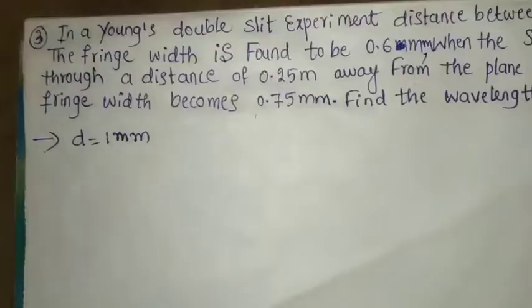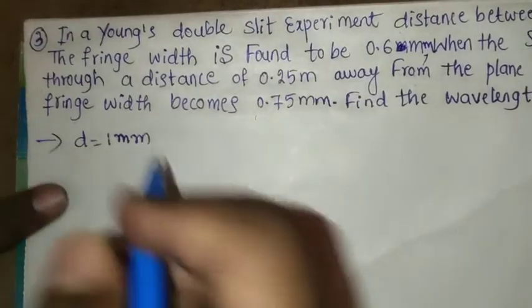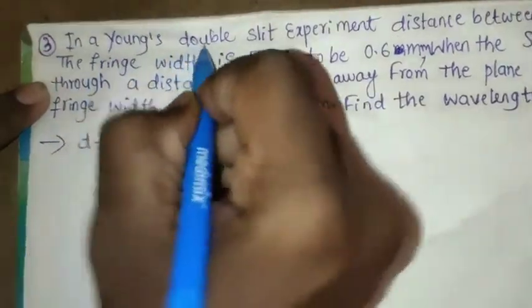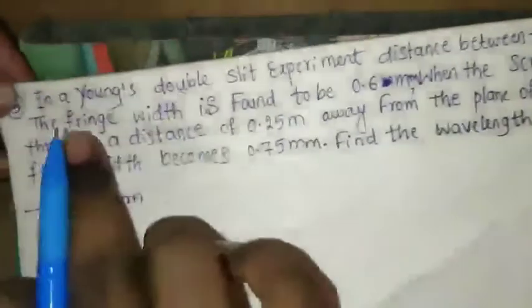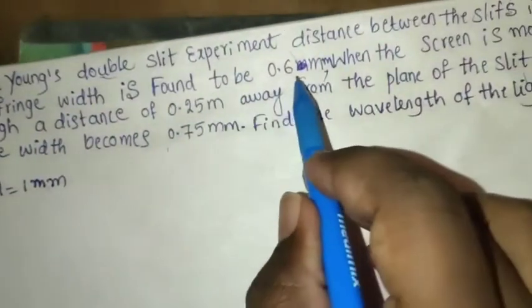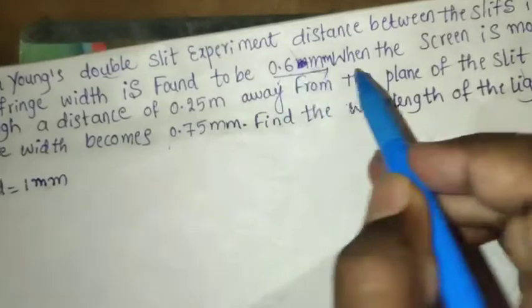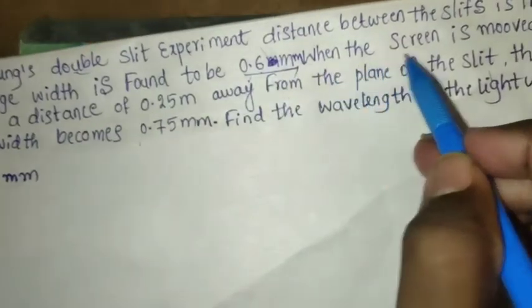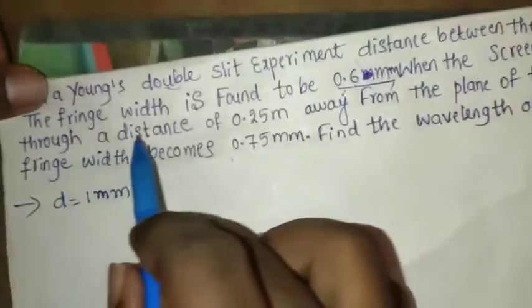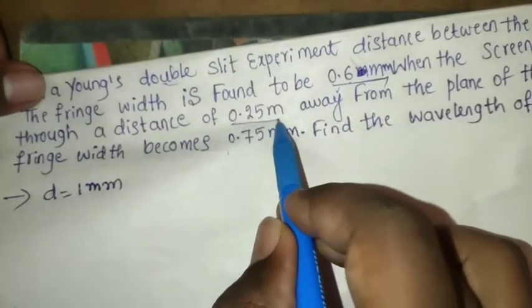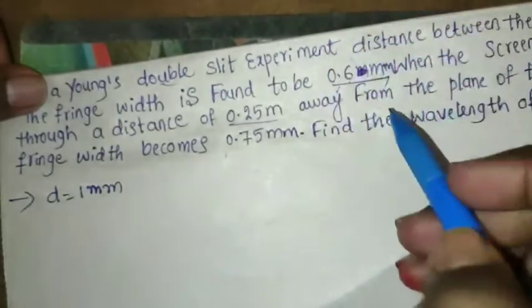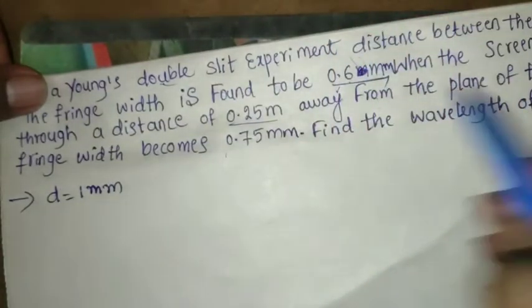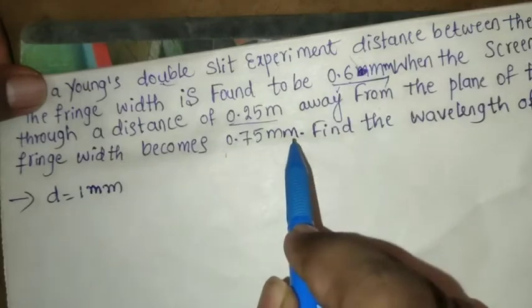Now we will solve the next problem. In a Young's double slit experiment, the distance between the slits is 1 millimeter and the fringe width is found to be 0.6 millimeter. When the screen is moved 0.25 meter away from the plane of the slits, the fringe width becomes 0.75 millimeter.